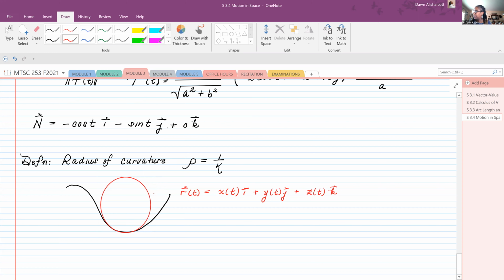So at this point right here, that would be the radius of curvature.